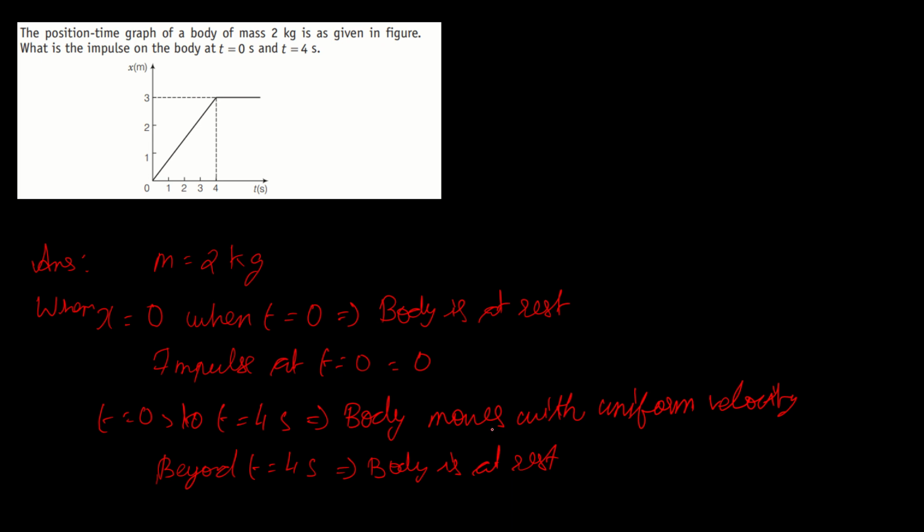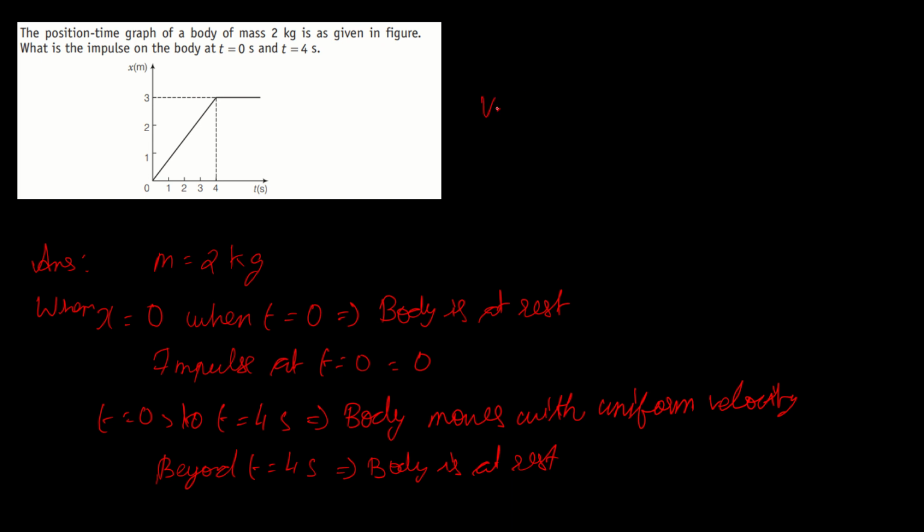In order to find the impulse, we need the help of velocity, initial velocity and final velocity. So in order to find the velocity of this body, we have to find the slope of the position time graph.